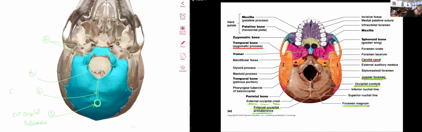It's my external occipital crest. Number 3 is my foramen magnum. And number 4, those are my occipital condyles.